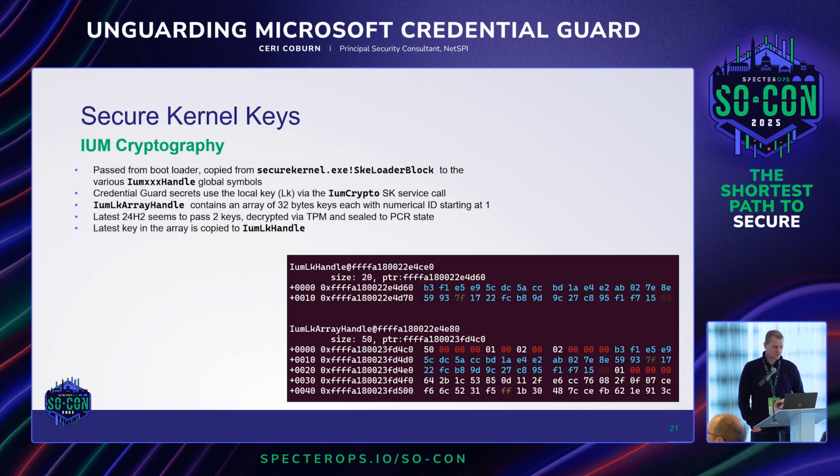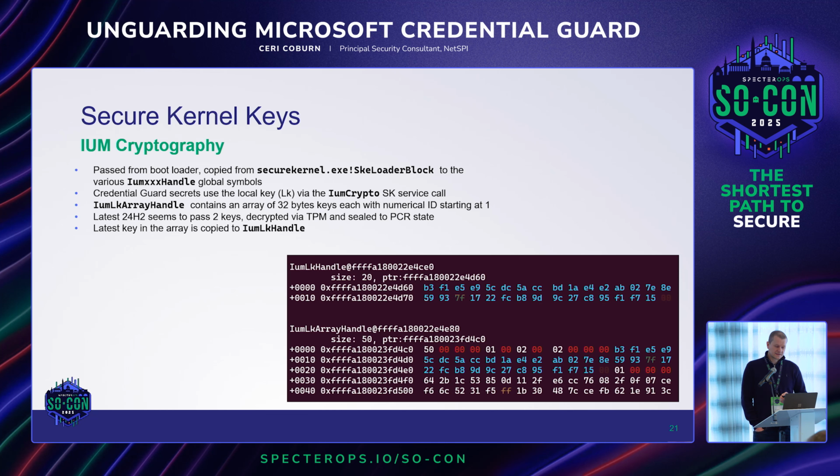I'm not entirely sure why there's two, but in that bottom key list there where you see the LK array handle, there's two separate keys in there, and they have an ID of 1 and 2. And then it seems the most recent key gets copied to the LK handle. So you'll see that there's a duplicate there in the array version. The key ID with number 2 is actually being duplicated into the LK key handle.